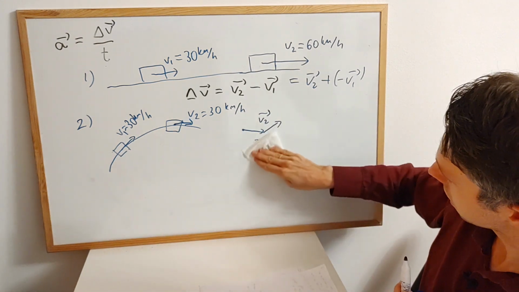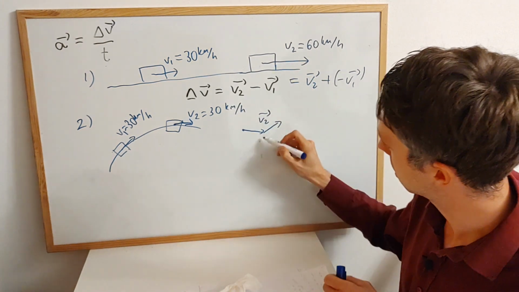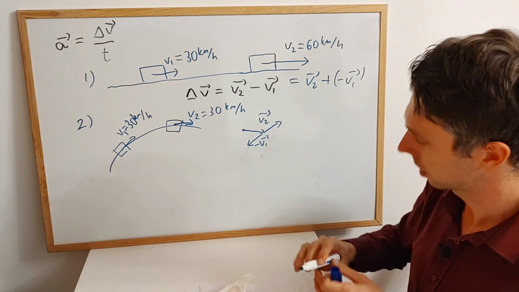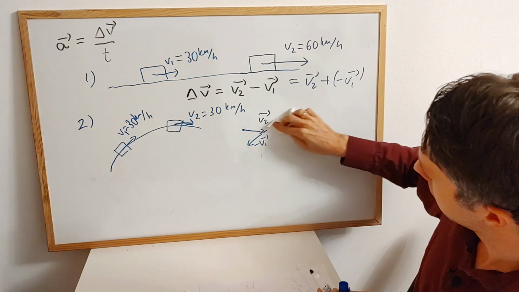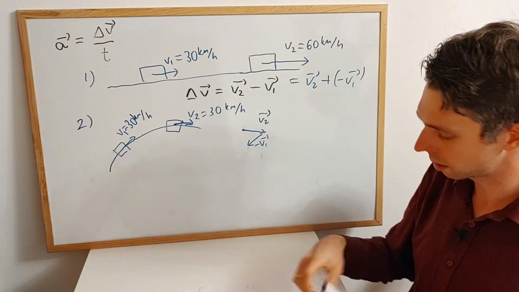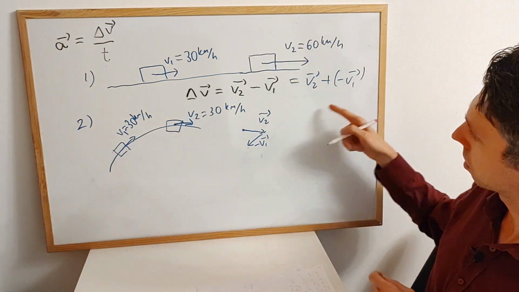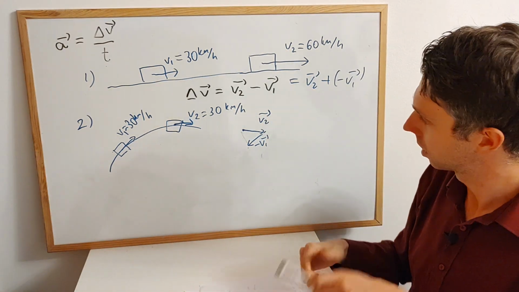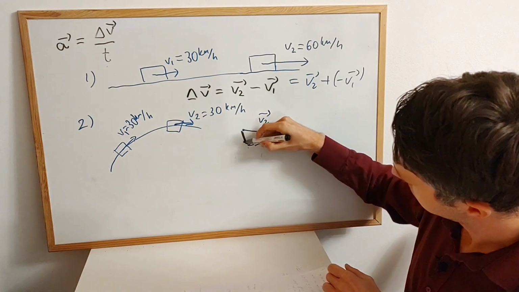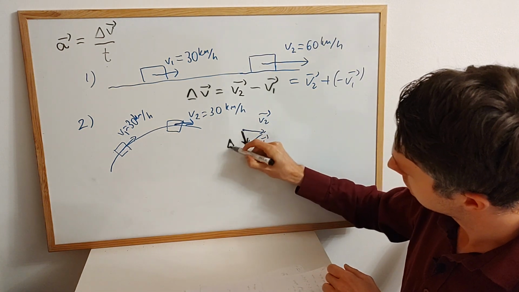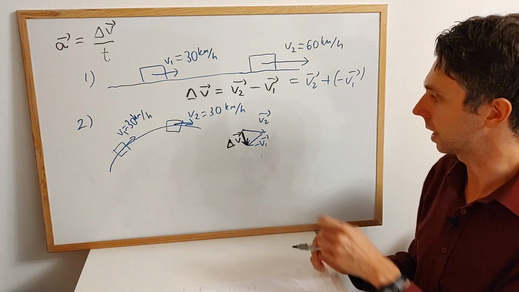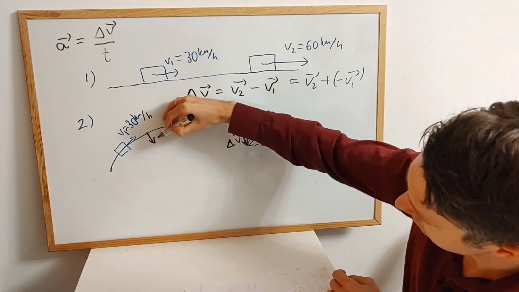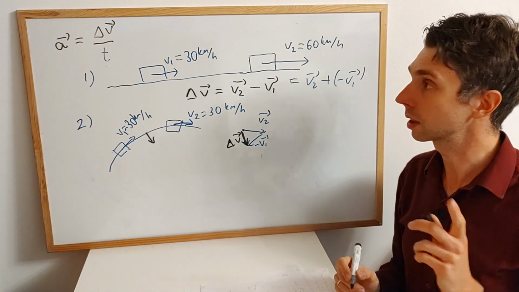So minus v1 is something like this. Okay, and the result of v2 minus v1 is, oh boy, this. So this is delta v in this case. So somewhere between these two situations, vector delta v is pointing this direction.